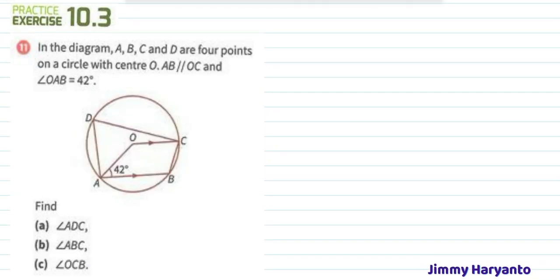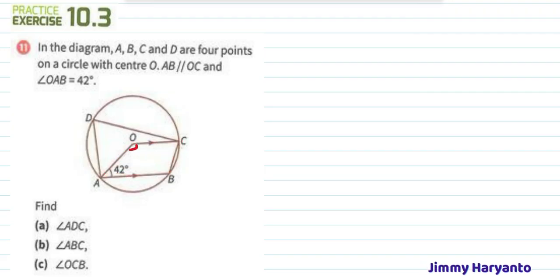Okay, and then next is question 11. For question 11, take a look at the 42 first. 42 is this one. Yeah, so we have these parallel lines. That means the 42 and this angle will have the sum of 180.